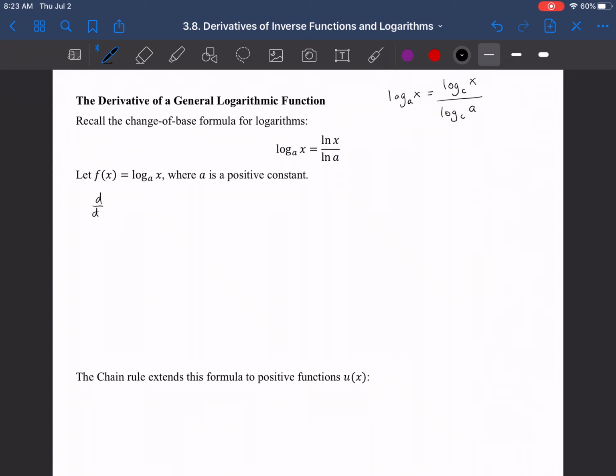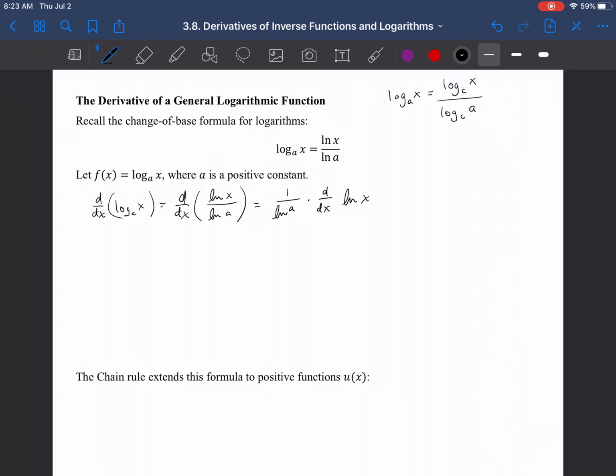We're going to do d dx of log base a of x, but we're going to replace that with d dx of the natural log of x over the natural log of a. Well, the natural log of a is just a constant, so we can bring that out in front. 1 over the natural log of a times the derivative of the natural log of x.